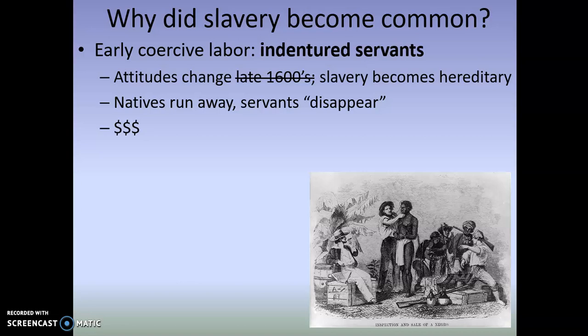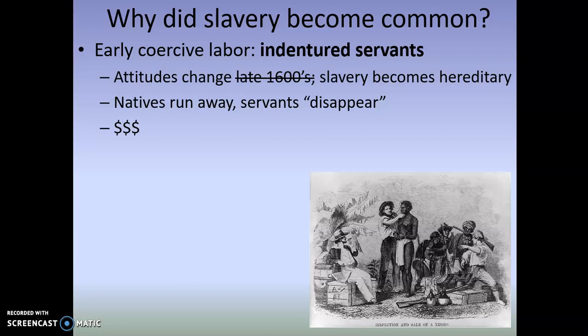And additionally, by the end of the 1600s, and you hate to break it down to the economics of it, but the reason you see dollar signs is because a slave who was forced to work for life was 25 to 30 pounds. And pounds is a unit of money. So it costs 25 to 30 pounds to purchase a slave, while a servant of 4 to 7 years was 15 pounds.